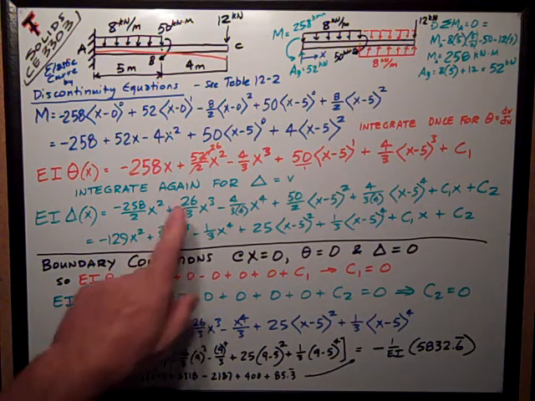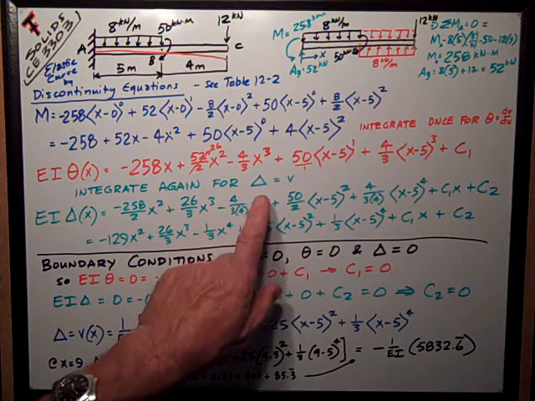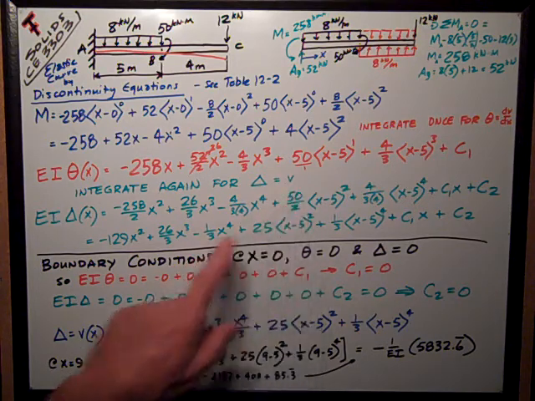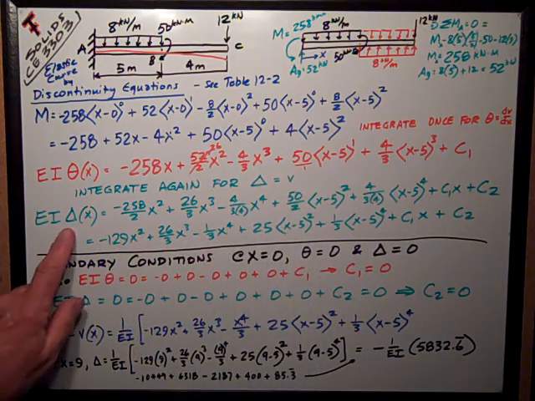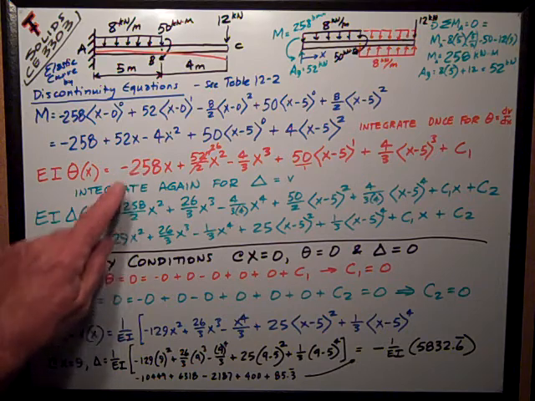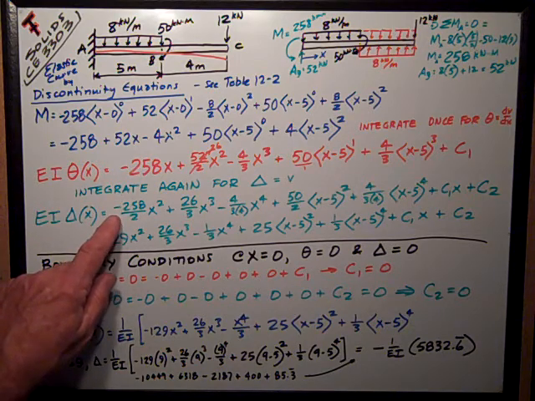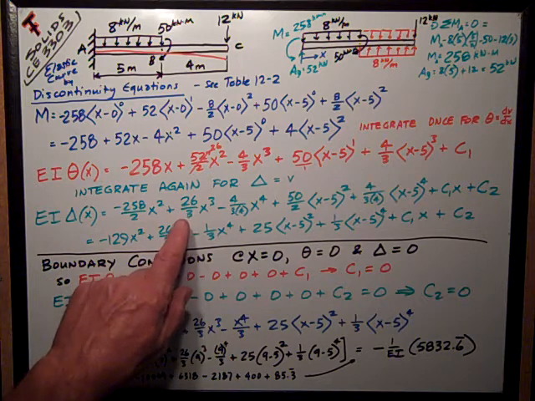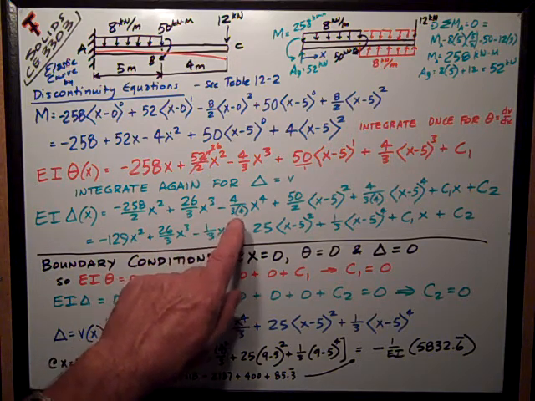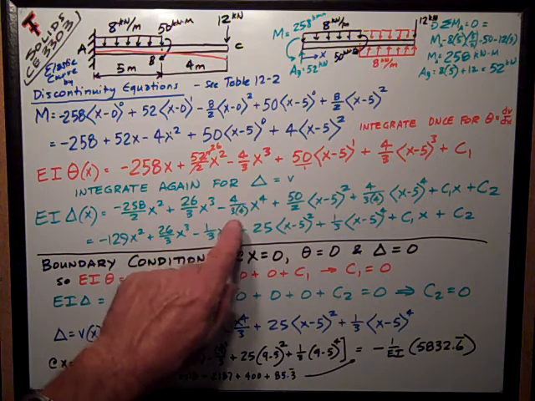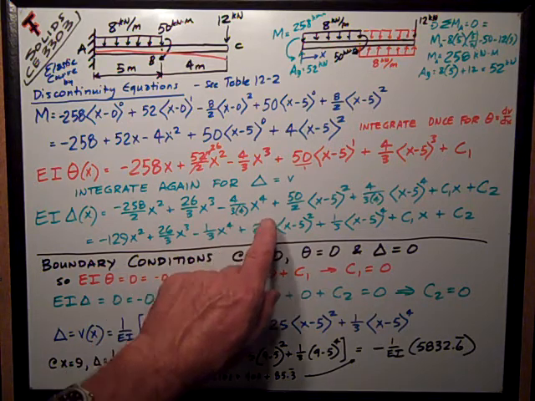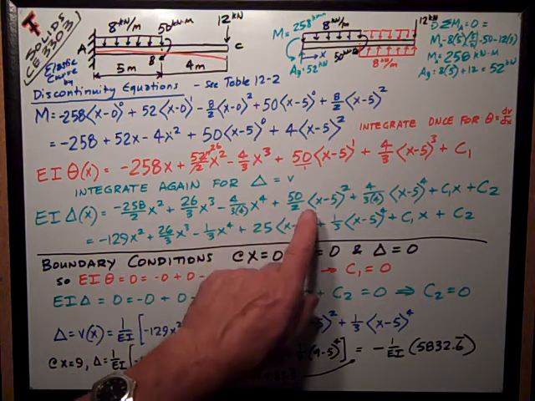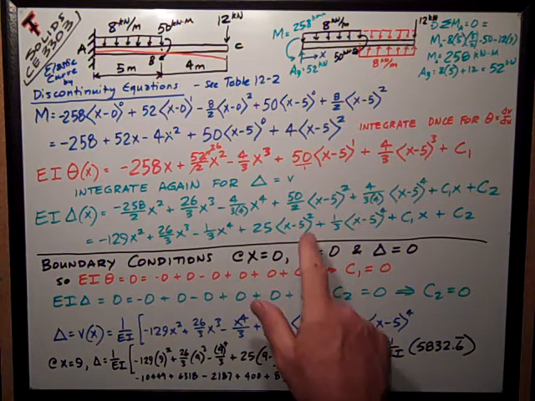I integrate one more time for the deflection. This is really my elastic curve. That's this expression here. Integrate this once again, and I get negative 258 over 2 x squared plus 26/3 x cubed minus 4 over 3 divided by 4 x to the fourth, and so forth.